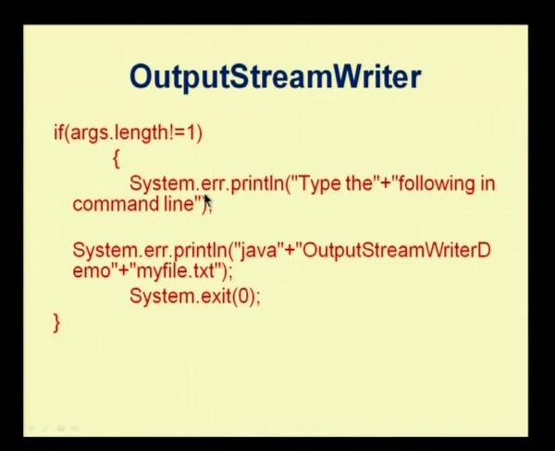System.err by default is your console, so your error will be printed on the console. System.err.println prints the usage: type the following in the command line, java OutputStreamWriterDemo myfile.txt. So I am checking for a particular file.